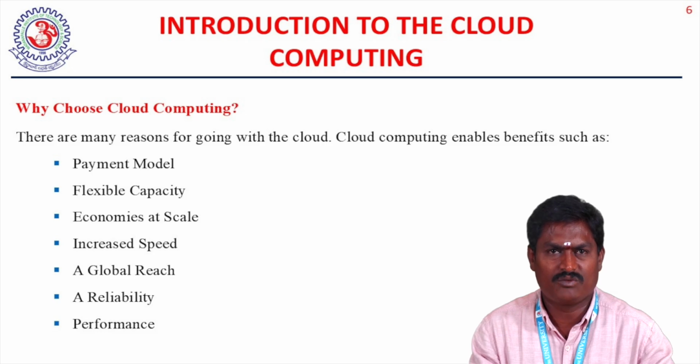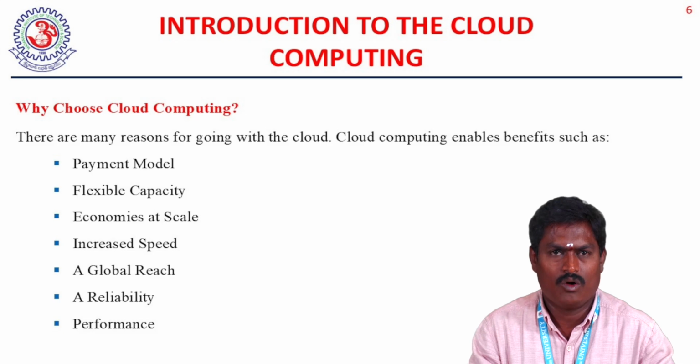The next one is economies of scale. The cloud providers provide resources at a very low cost. Next is increased speed: it provides resources very quickly. Then global reach: all these cloud resources are available worldwide.